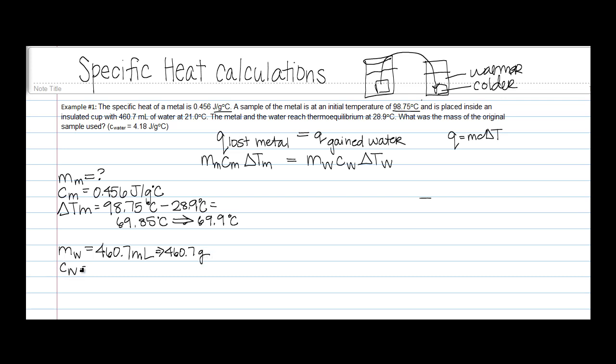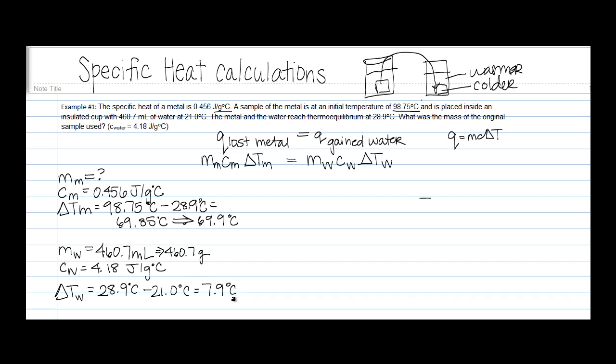The specific heat of water is 4.18 joules per gram degree Celsius, and the change in temperature of water, well, water started out at 21 and it raised up to 28.9, so I do 28.9 degrees Celsius minus 21.0 degrees Celsius, and I got 7.9 degrees Celsius.